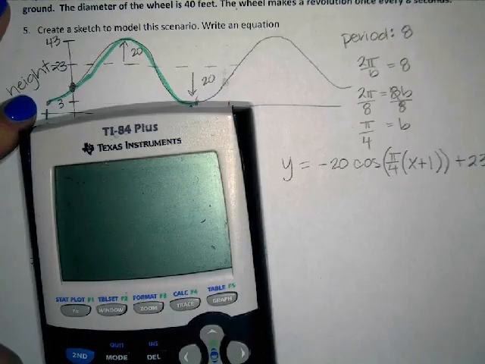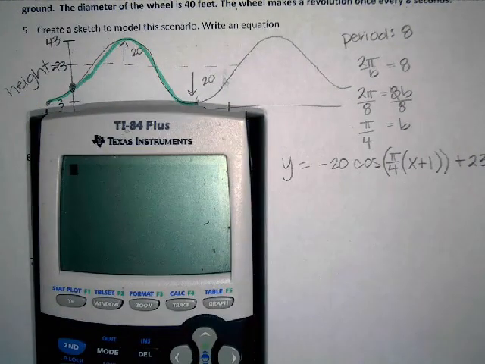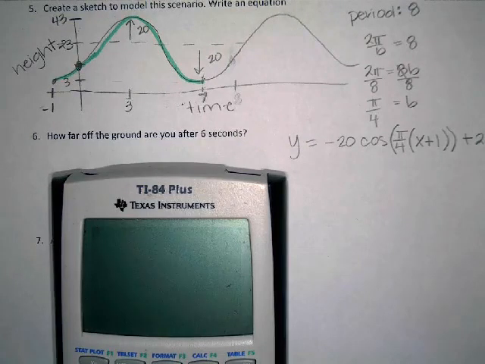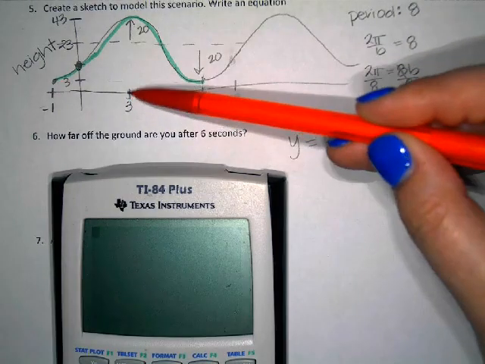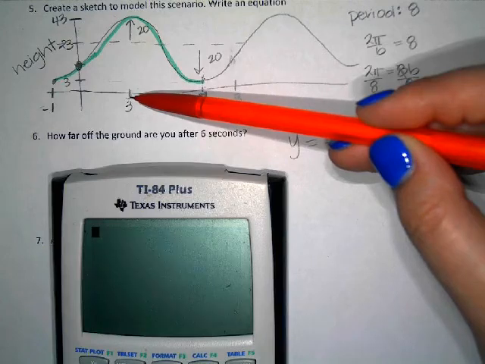Okay, so what I'm going to do now is store a number as x so that I can check my work and make sure my equation is correct. What would be easy to plug in? I could plug in 3, and if I have an input of 3, what should my output be? 43. At 3 seconds, I'm at the very highest point.